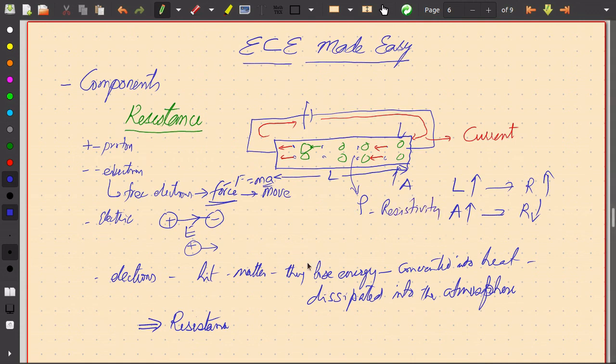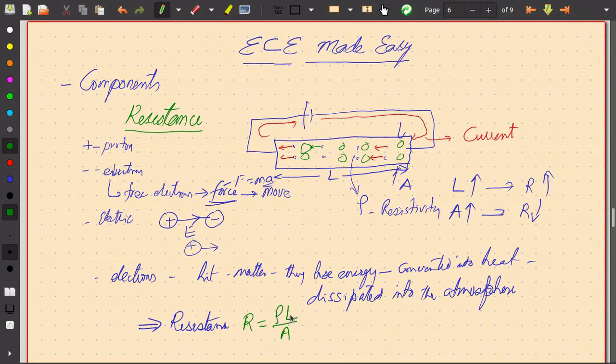So for the sake of completion, we can just define that the resistance of any material is directly proportional to the resistivity, and it is directly proportional to the length and inversely proportional to the area. So if more resistivity, you feel more resistance.